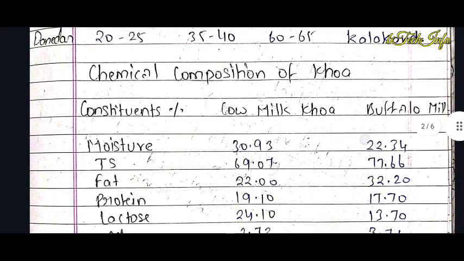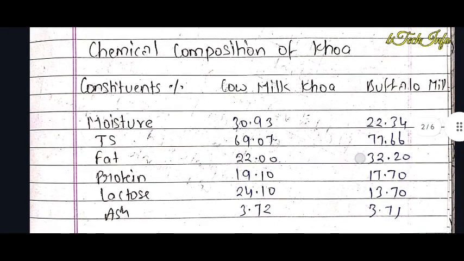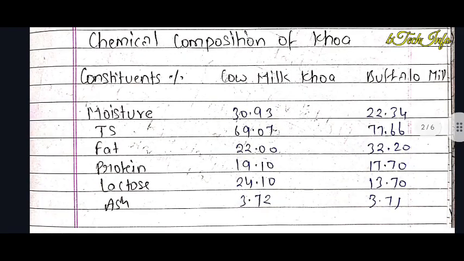Now we see the chemical composition of Khoa obtained from cow milk and buffalo milk. The moisture content of Khoa prepared from cow milk is 30.93%, and from buffalo milk it is 22.34%. Total solids are 69.07% in cow milk and 77.66% in buffalo milk.